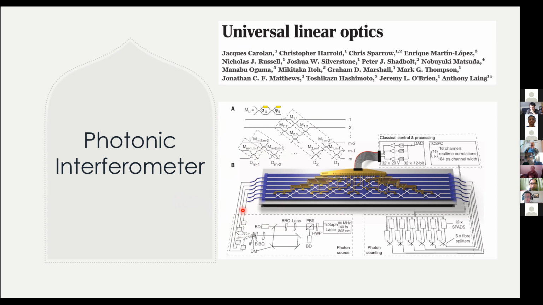It's a 6-mode Reck scheme, and that means there are 6 input modes and 6 output modes, so 6 waveguides, and you can send many photons through these waveguides. And as I say, this scheme implements a unitary directly. So whatever unitary we have, we need to figure out a way. The Reck scheme is a specific way of taking a unitary and turning it into this triangular system of beam splitters and phase shifters.